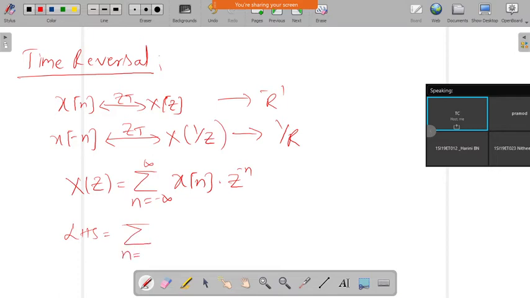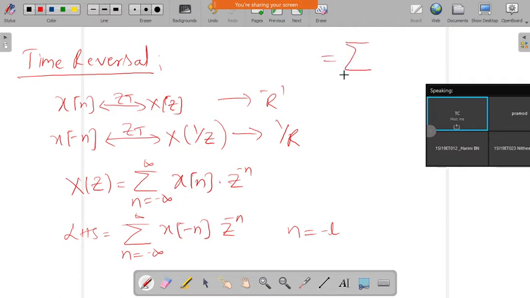Take the same z transform equation, input the signal x of minus n into z power minus n. Now, we can put n equal to minus L. So, if I put n equal to minus L, then L will become equal to minus n. So, we can replace that.